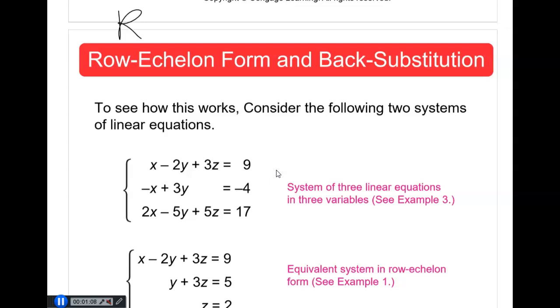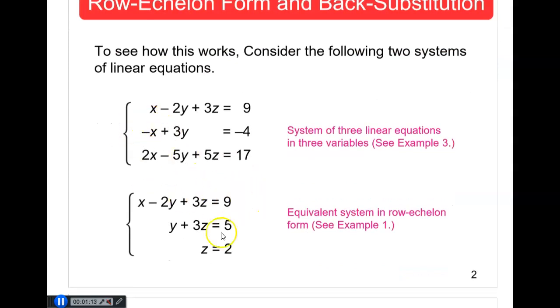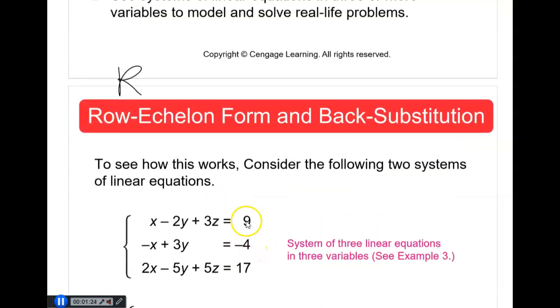So right here we actually have the same system, but you can see that the one on the bottom has been simplified so that we could do a back substitution, which we will do. And the way you go from one to the other is by doing those row operations.